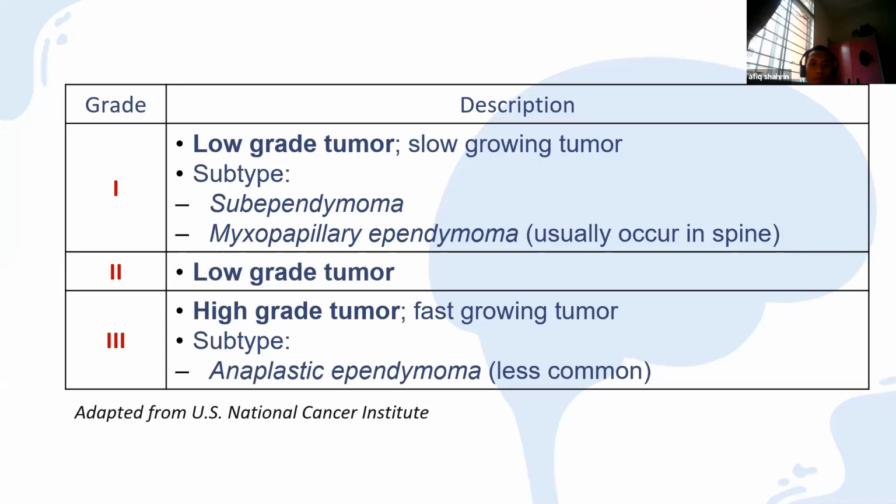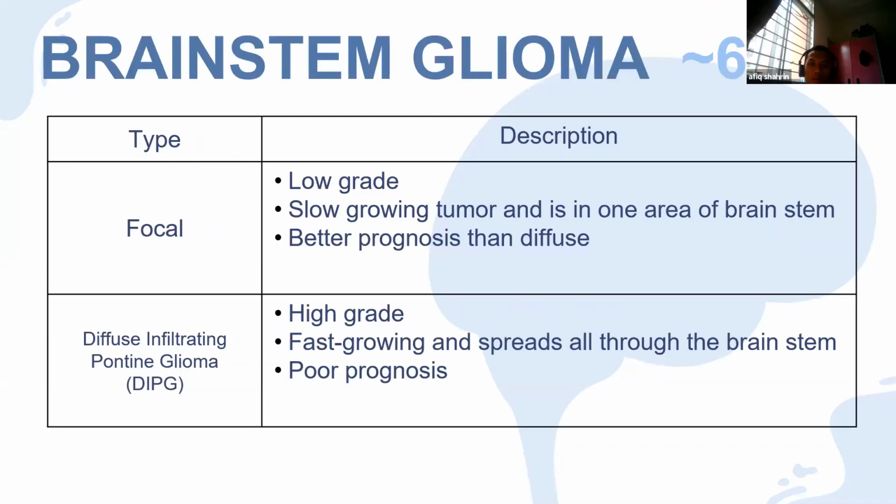Okay, next, brainstem glioma. As the name implies, it mainly occurs in the region of the brainstem and is commonly found in the pons for about 60%. So it can be divided into focal and also diffuse type. So the diffuse type brings a poorer prognosis, as it is a fast-growing tumor and can spread throughout the brainstem.